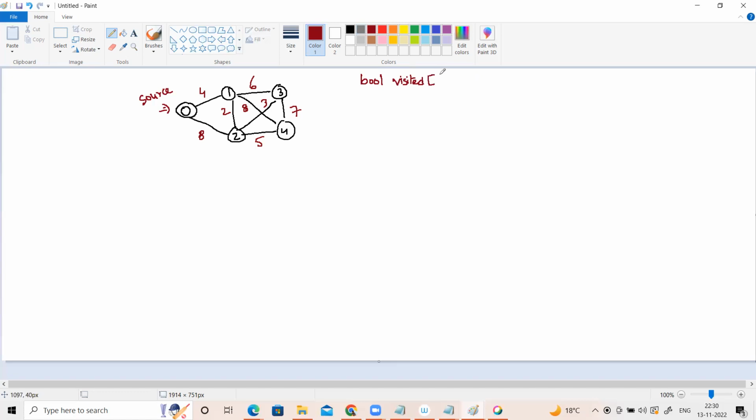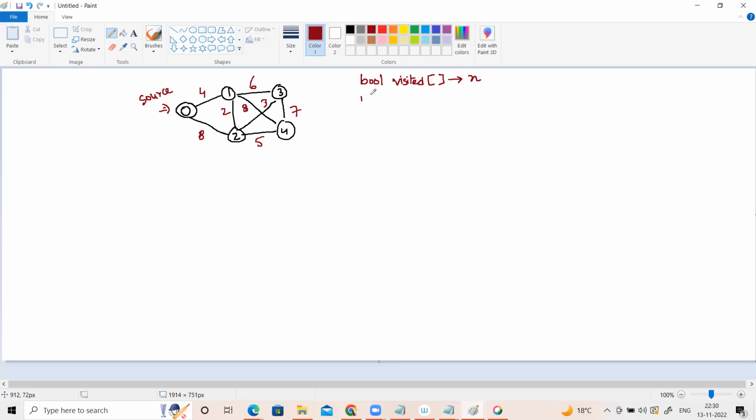Initially, the size of this array is going to be the number of nodes this graph structure has. So if it is n nodes, then the size is going to be n. And initially every node is going to have false value. When it is visited, it is going to be true.